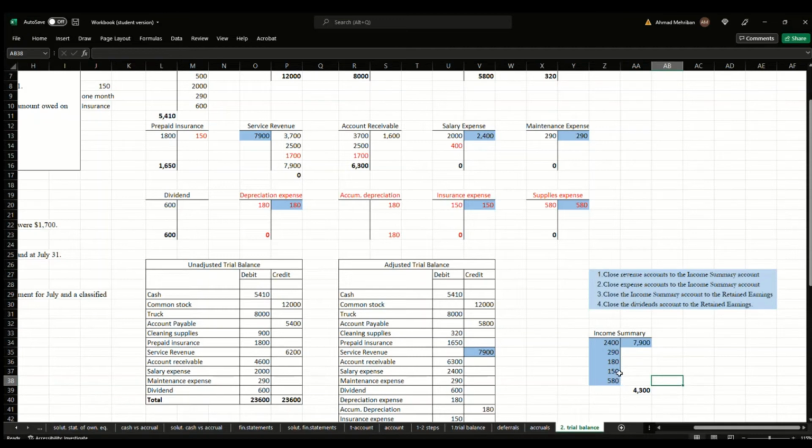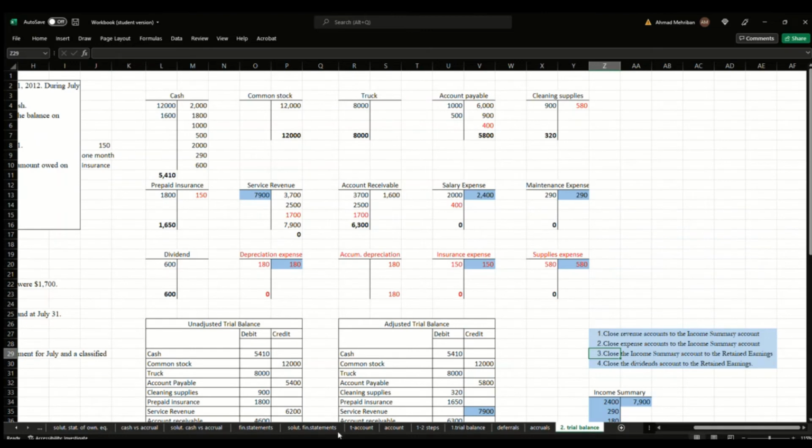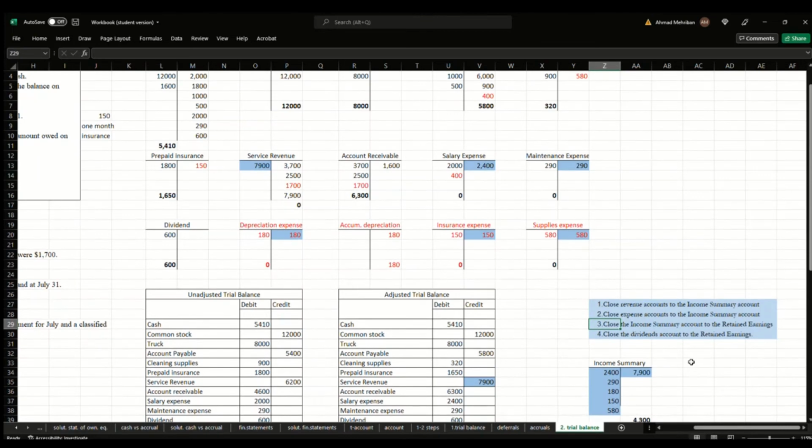Now don't forget that the income summary is also a temporary account, and the third step says close the income summary account to the retained earnings. Because our example company was in its first year, or first months, of operation, there is no prior retained earnings account.